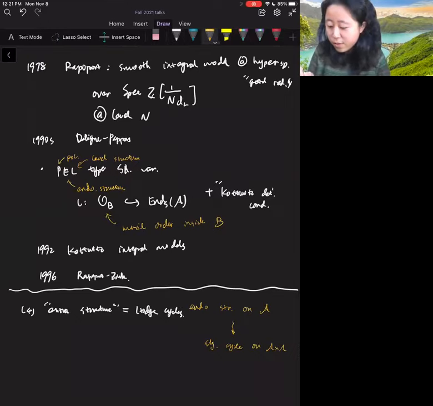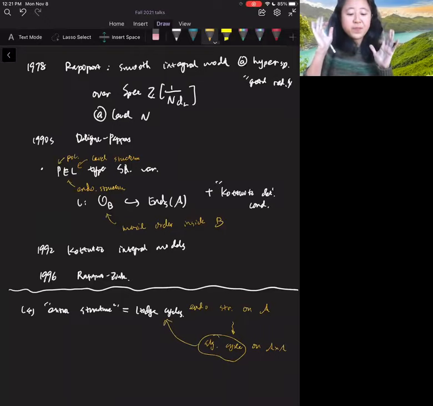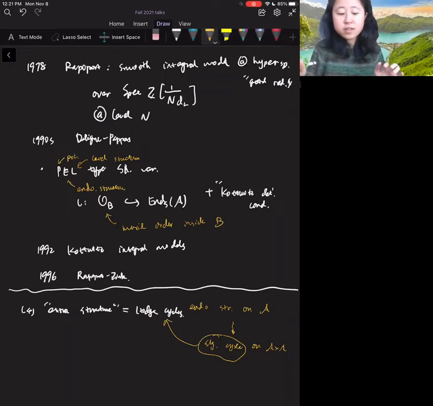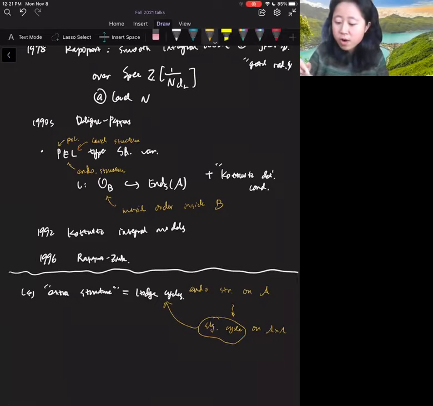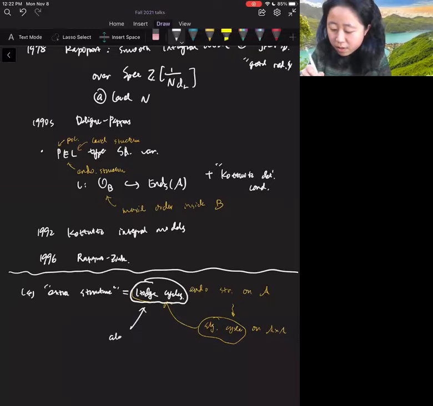So Hodge cycles are certain generalizations of algebraic cycles. In particular, algebraic cycles are always Hodge cycles, but the converse is actually the content of the Hodge conjecture. So the Hodge conjecture says that the Hodge cycles are algebraic.